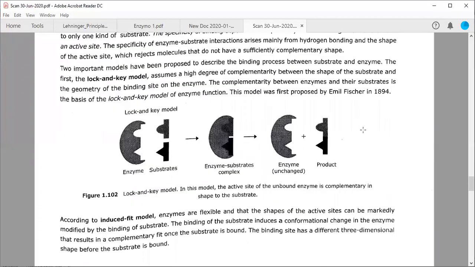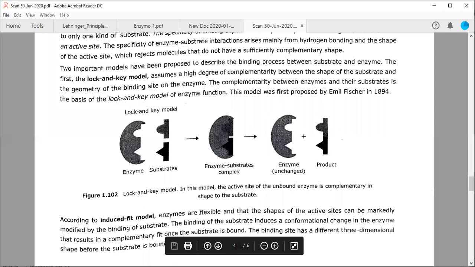Then there is another model called the induced fit model, which assumes that the protein has some conformational flexibility and can change the shape of the active site after binding of the substrate itself. Once the substrate is bound loosely, there are some conformational changes in the protein so that the substrate can interact more efficiently with that particular enzyme.